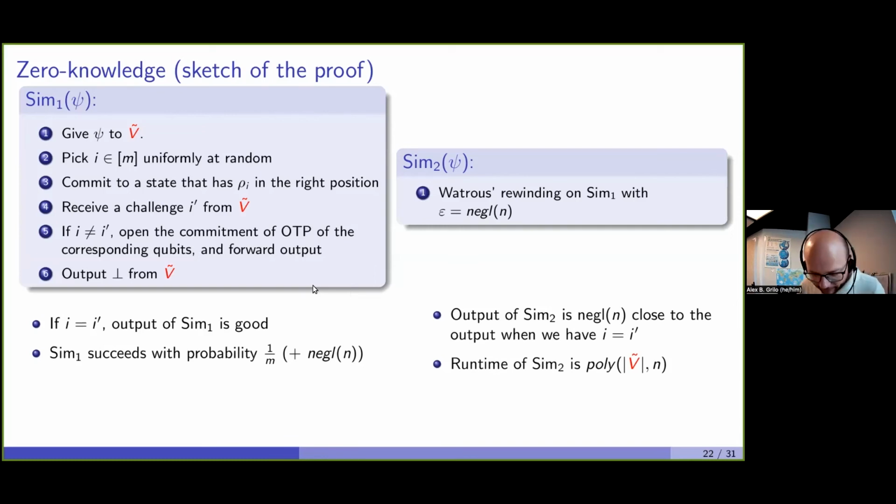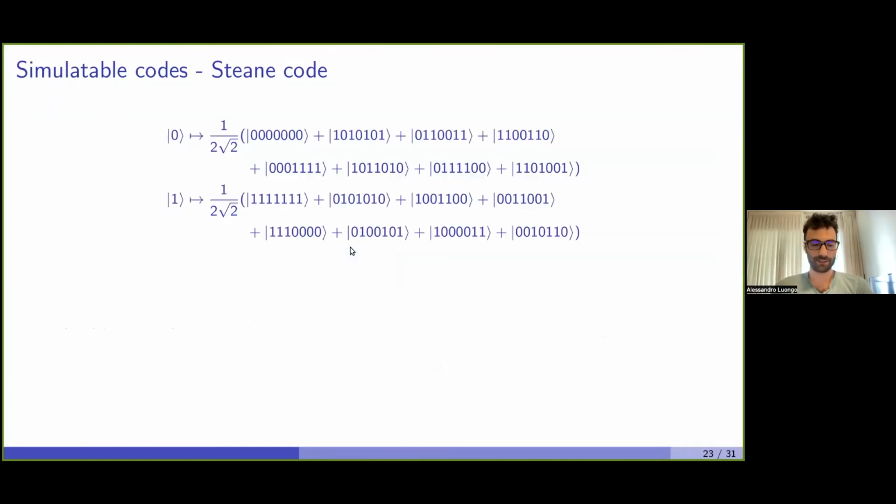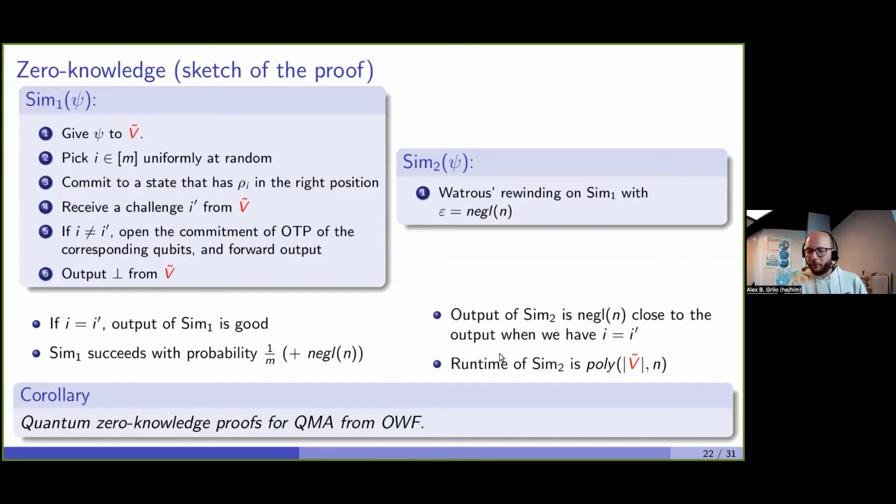Yeah, how much time do I have? 5 minutes? Yeah, I would say 10, since we started 5 minutes late. Okay, so I can go through the QMA hardness of CLDM, but this will become much more technical than it already was.